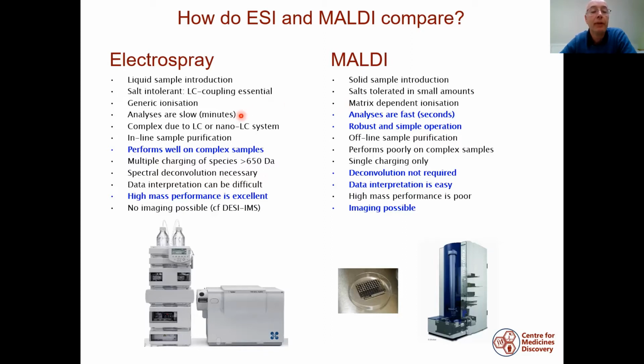In electrospray, the speed of analysis is dictated by the LC system. So if you run a rapid gradient, you can do your analysis in 1 or 2 minutes. You may choose to do your analysis over a couple of hours. So it's relatively slow. In MALDI, all you're doing is firing a laser at a spot, and you can do that in a few seconds. And so your acquisition is lightning fast.